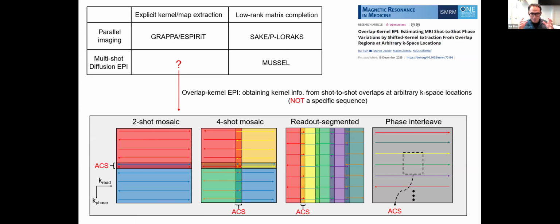So from the intermediate parallel imaging reconstruction of one shot of acquisition, we go to K-space and we probe a central 50 times 50 region as the ACS region, and we apply this kernel operation to extract the shot-to-shot phase kernels or shot-to-shot phase maps.